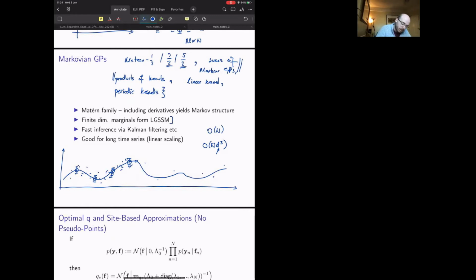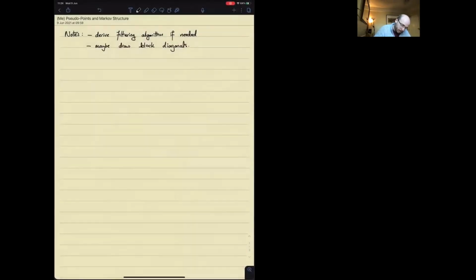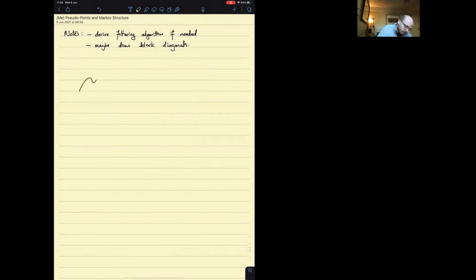So you can imagine, if I swap panes quickly, if you've got a periodic GP and the sample looks a bit like this, and this is the period, then you could construct a basis function expansion of this and say that we're going to approximate this as a sum over p terms of some Gaussian coefficient, call it alpha p, and then some basis function phi p of x on this interval.